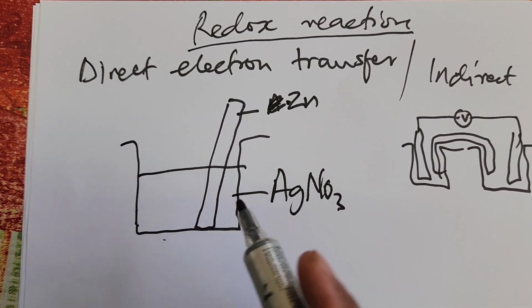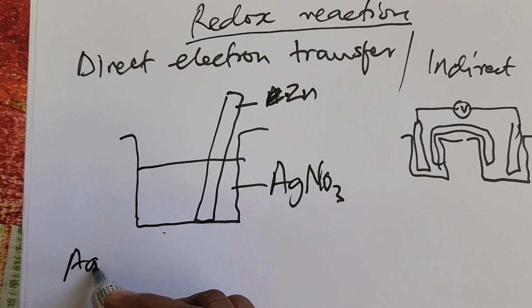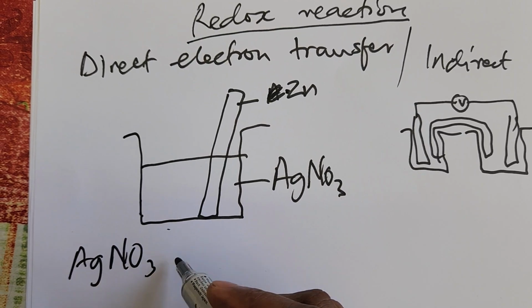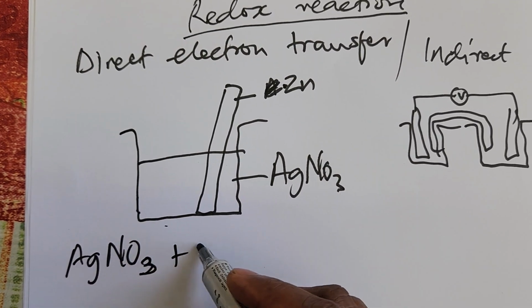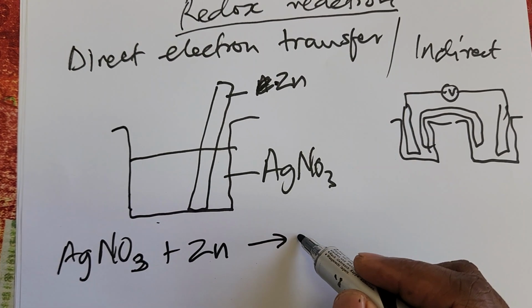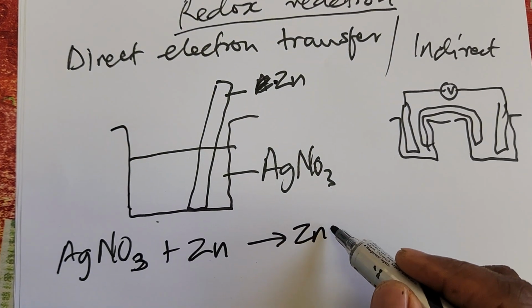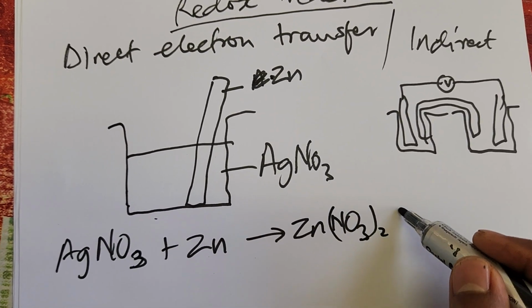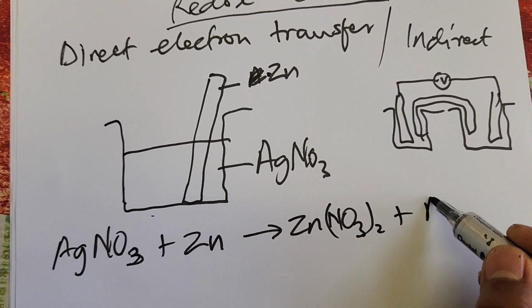Now, when you write the balanced equation, we will find that silver nitrate reacts with zinc solid, then it will form zinc nitrate, and then plus silver.